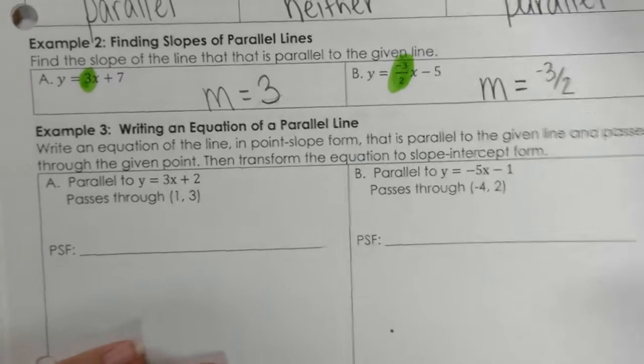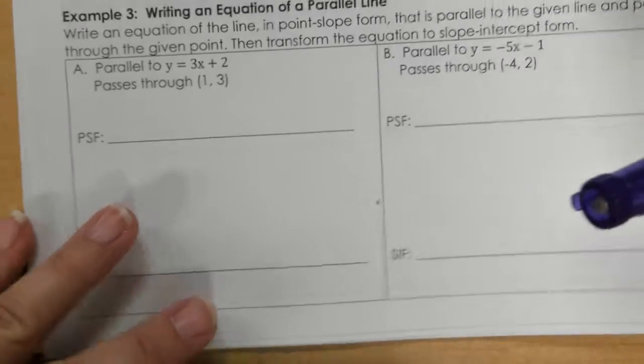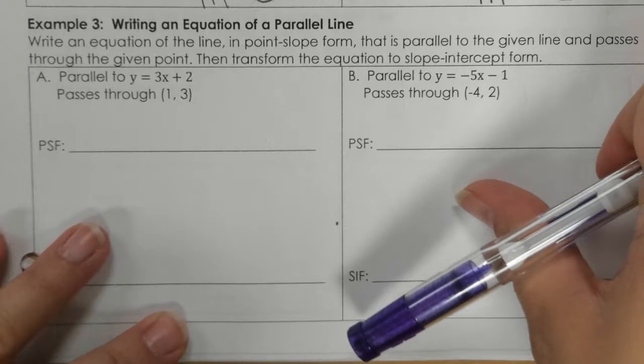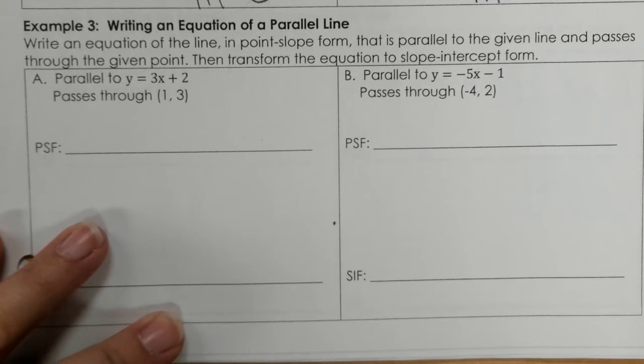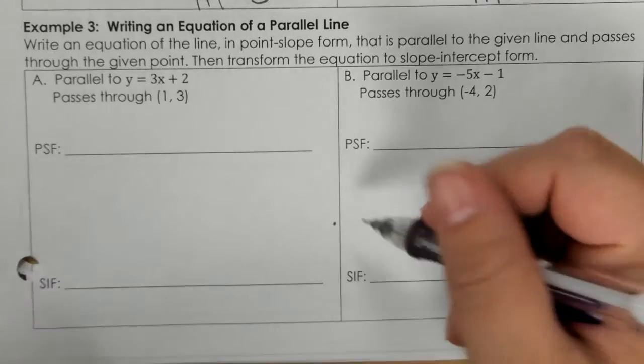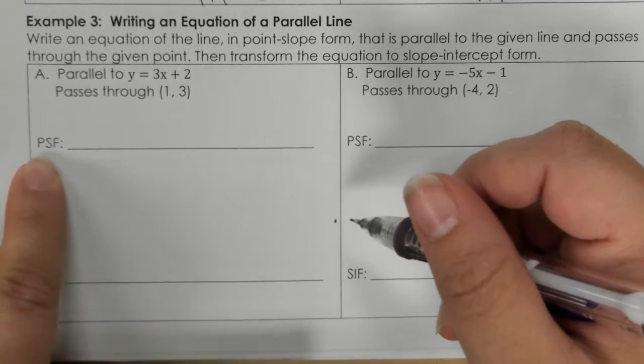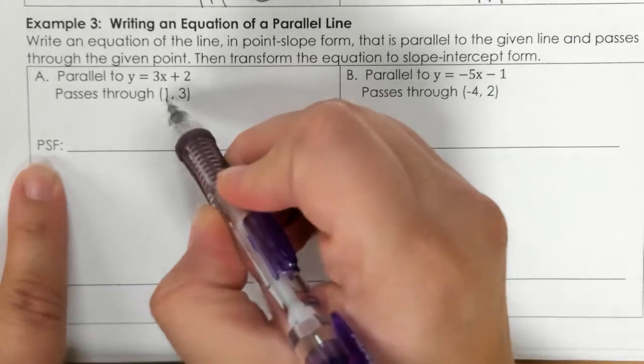Then in example A, we have to write an equation of a line in point slope form that is parallel to the given line and passes through the given point. Then you have to transform the equation to slope intercept form. So a lot of information there. First, we have to find point slope form, so we need a point. We have a point, 1, 3.